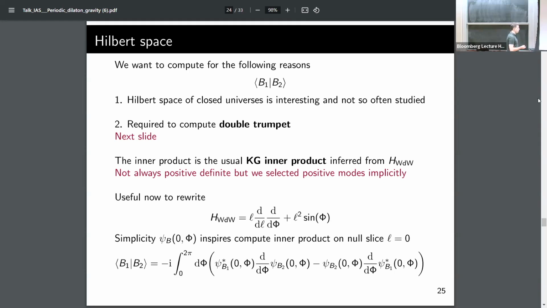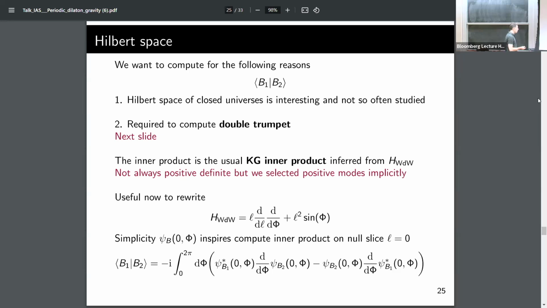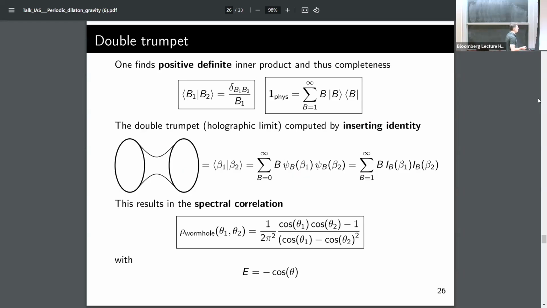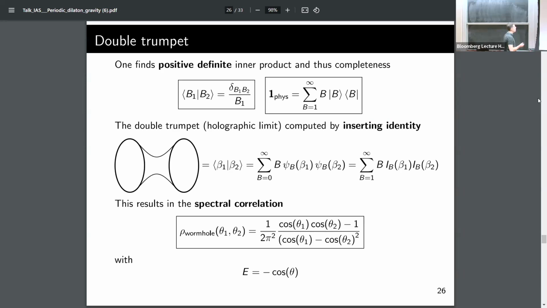And it will be simple because of this form of the wave function to compute the inner product in the L to 0 limit. So this is a null slice, and the inner product on that slice takes this form. Okay, and so if you compute that, because they're just plane waves, it's a very simple computation. You get this inner product, <B1|B2> is delta(B1, B2).